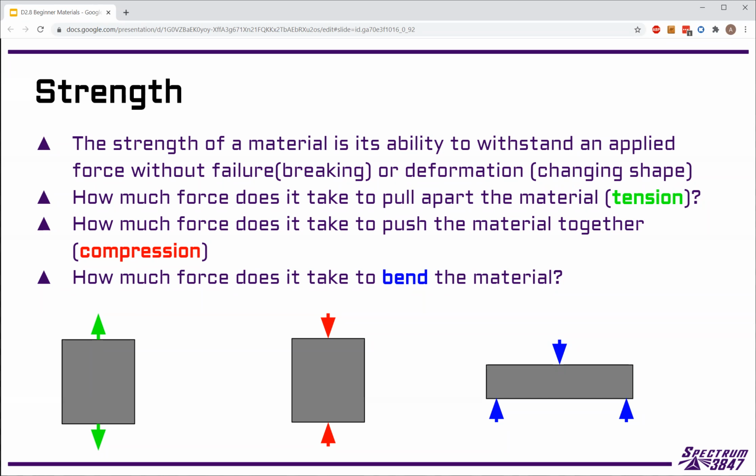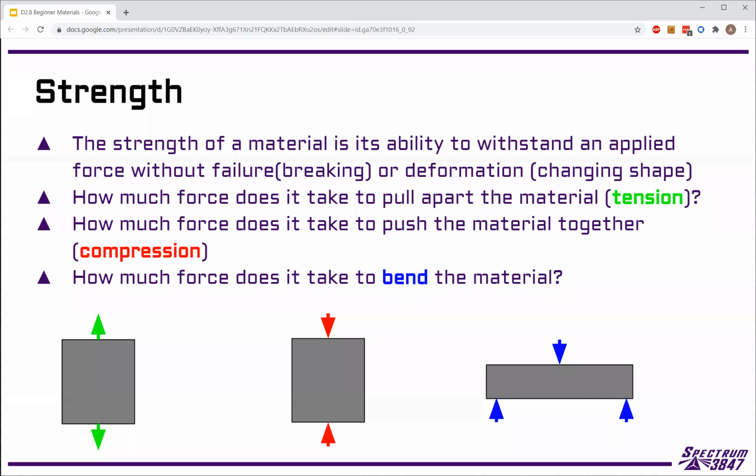So if we have a force trying to pull a material apart, and we take a specific size piece of metal and a specific size piece of plastic, the same size, and we figure out how much force it takes to rip apart that piece of metal compared to that same size piece of plastic, generally speaking, the metal is going to be stronger, and it's going to take more force to rip it apart.